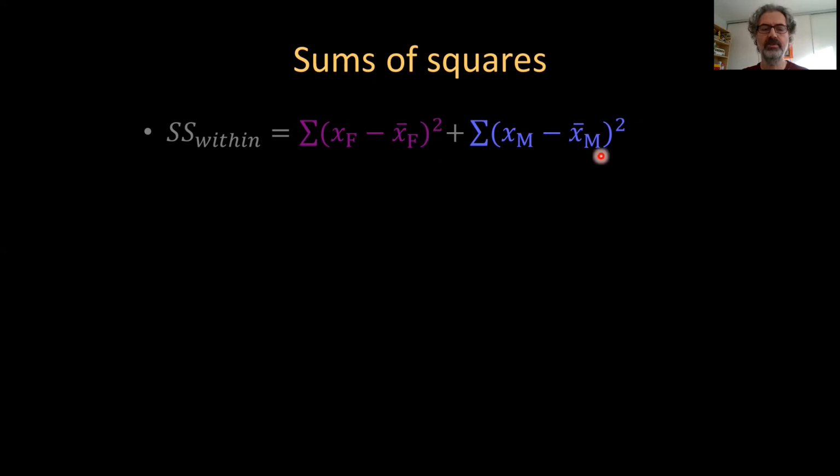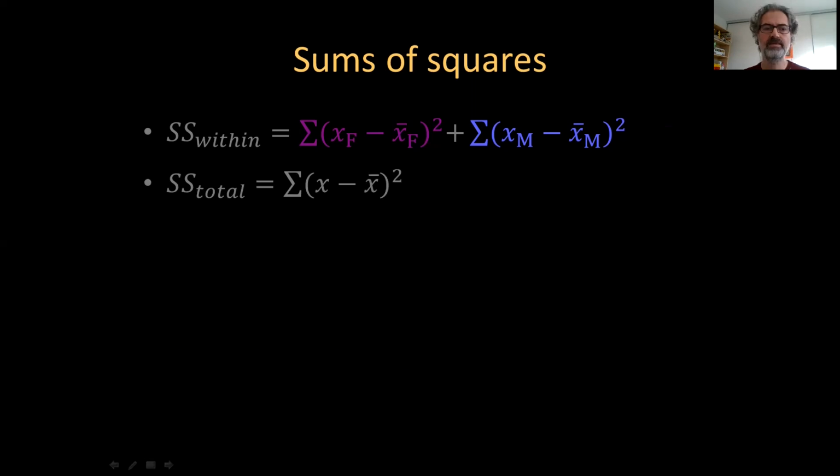So the red and blue lines squared and added together, these are the square deviations for all the data points with reference to their own group mean, and that's called sums of squares within, because it is calculated within each group. So each group is using its own mean to calculate this. This is the sum of squares within.